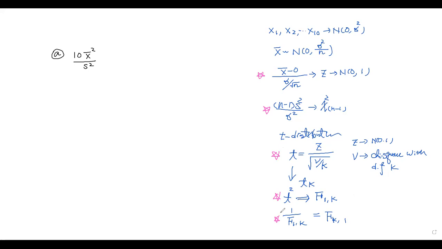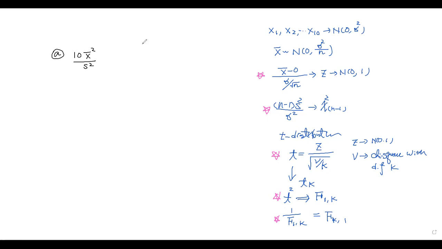So it is a very good review problem, a summary problem about what you learned from the sampling distributions. Okay, so now let's take a look here. I know (x bar minus 0) over sigma over square root of n, right?